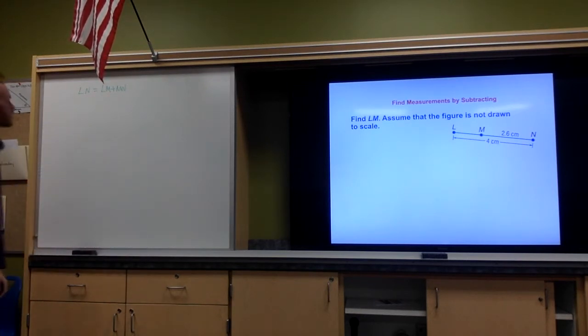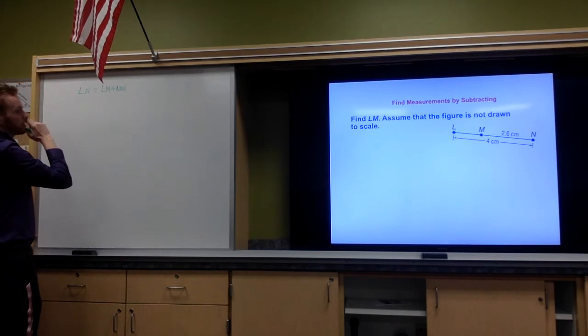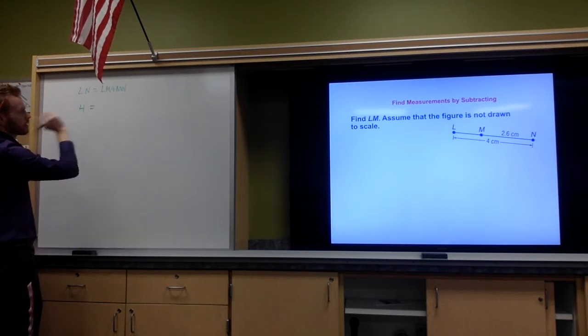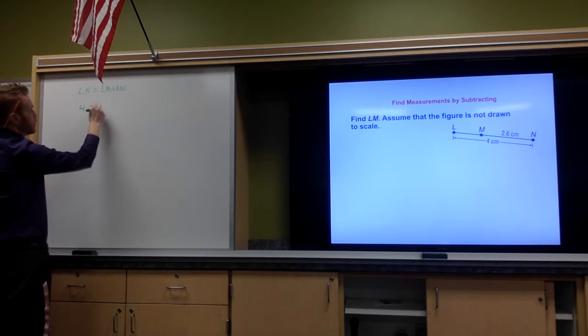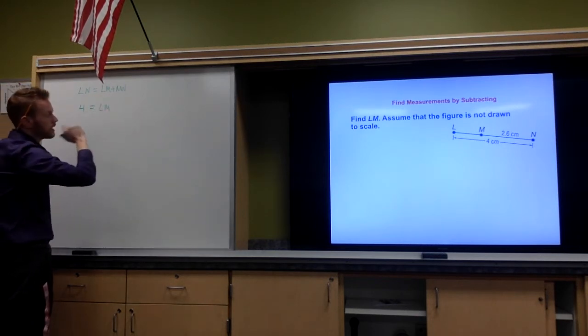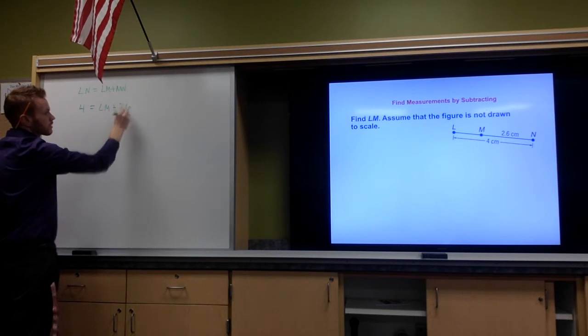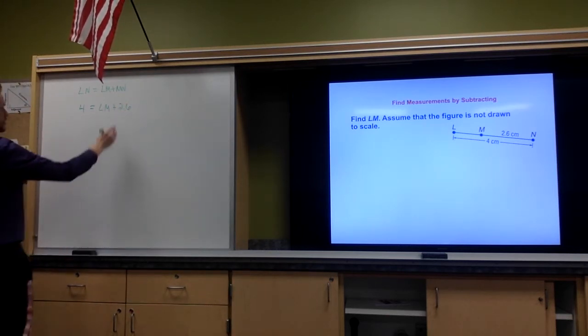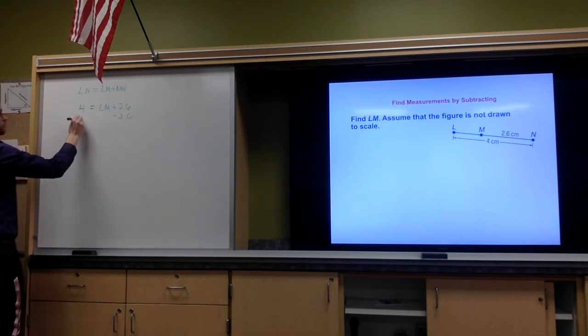Plug some values in. Now, LN I do know, that's 4 centimeters. LM I don't know. That's what I want to figure out. MN is 2.6. So this is just a subtraction problem. Subtract 2.6 from both sides.